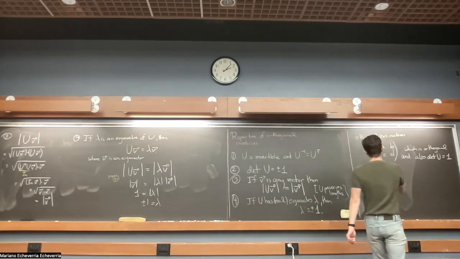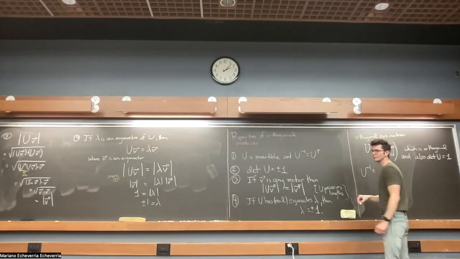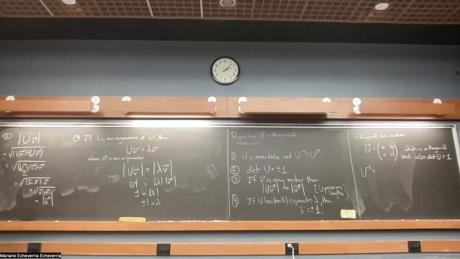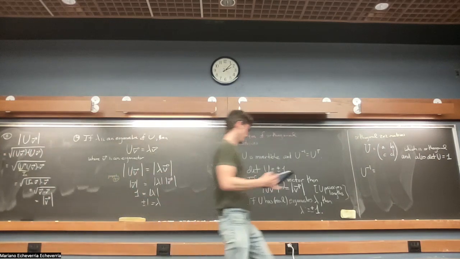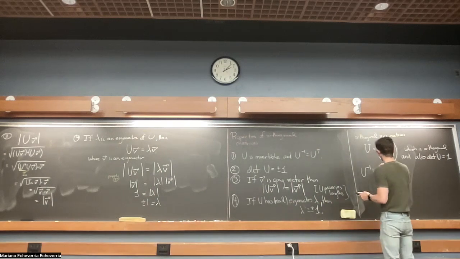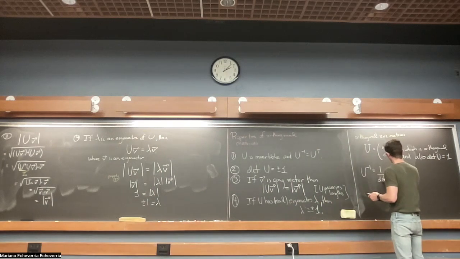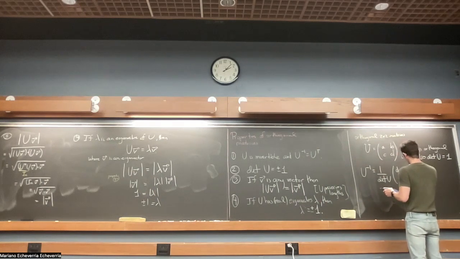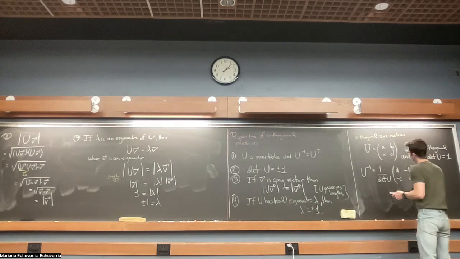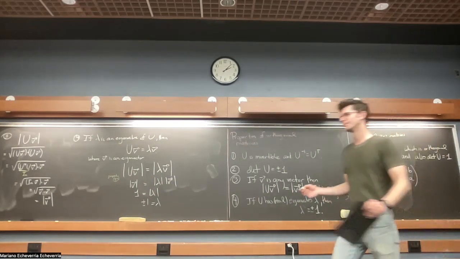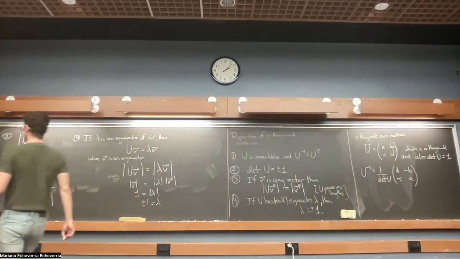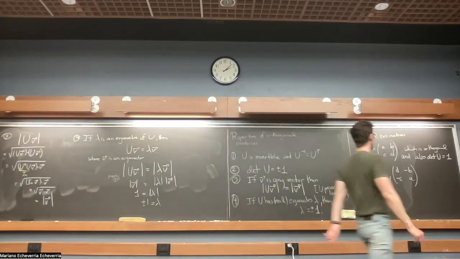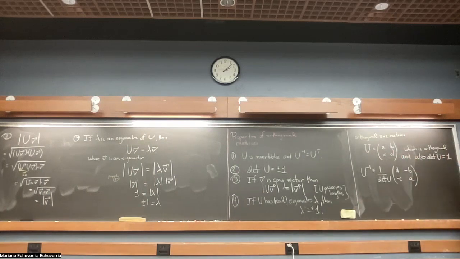I don't know if you remember, there was a formula for the inverse of a 2x2 matrix that we did in class a long time ago. Let me just give you the formula. So a long time ago, we saw that the inverse of a 2x2 matrix had this particular form, right?